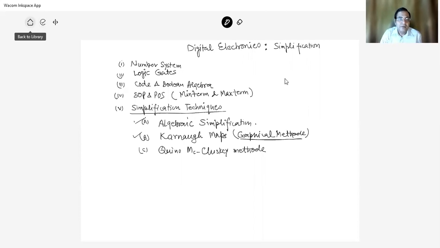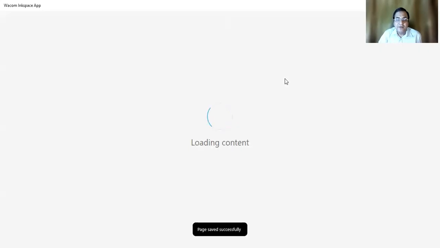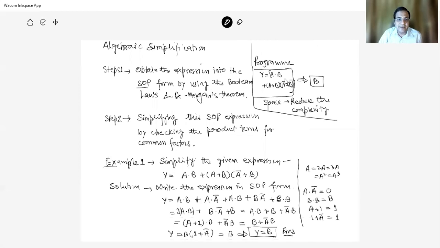Algebraic simplification means the expressions are given and are used to write the sum of product form using Boolean and De Morgan's theorems, and then simplified by checking the product terms for common factors.